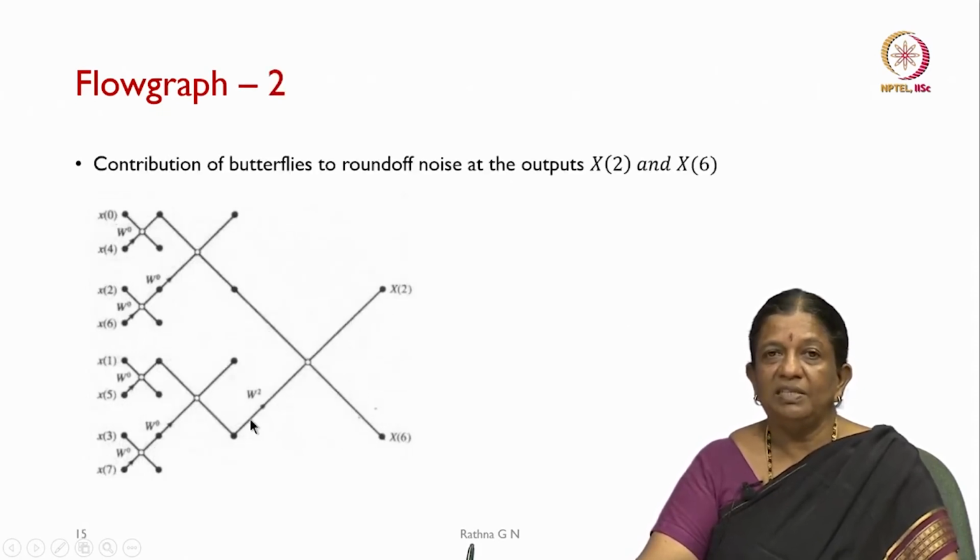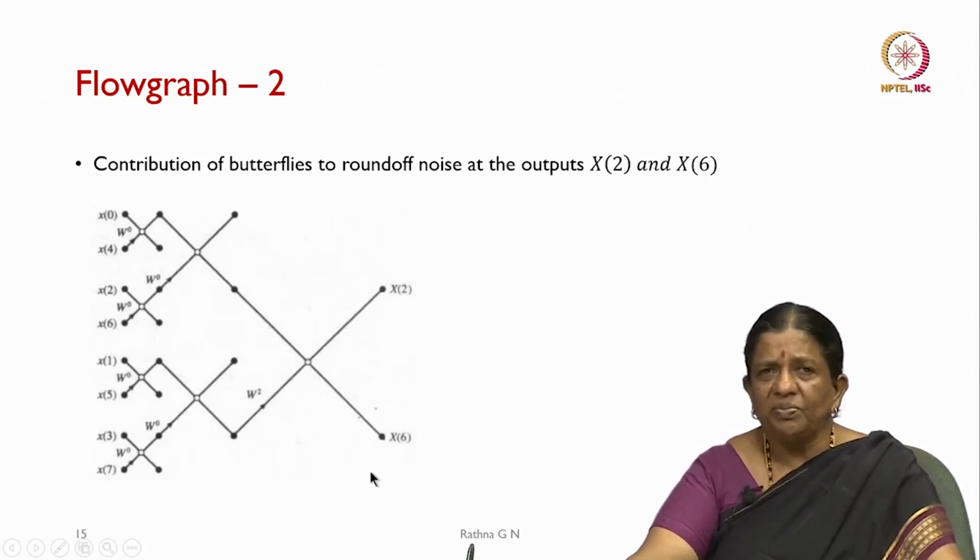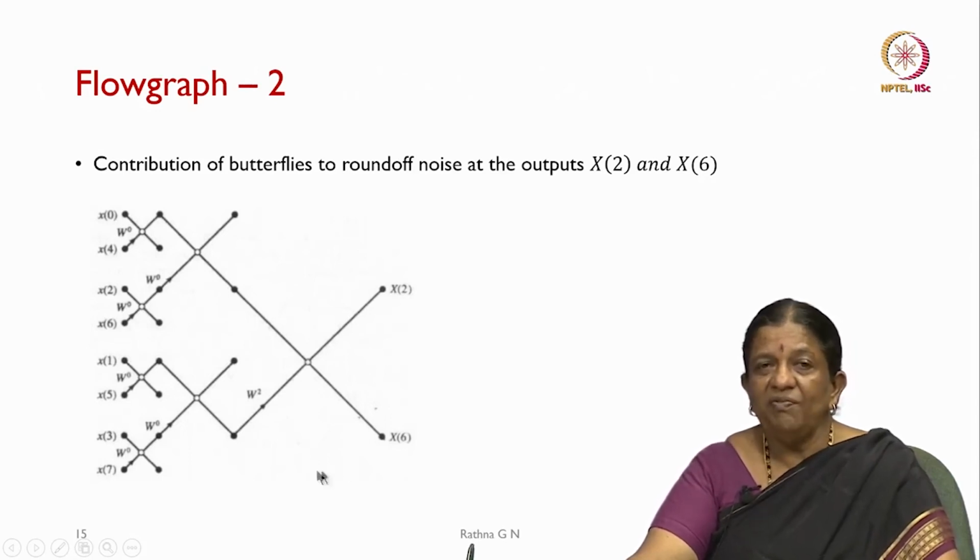And we said that to contribute to any one input, we need n minus 1 butterflies. So, we have drawn everything, and with the flow graphs it is easy to see that we need n minus 1 butterflies.